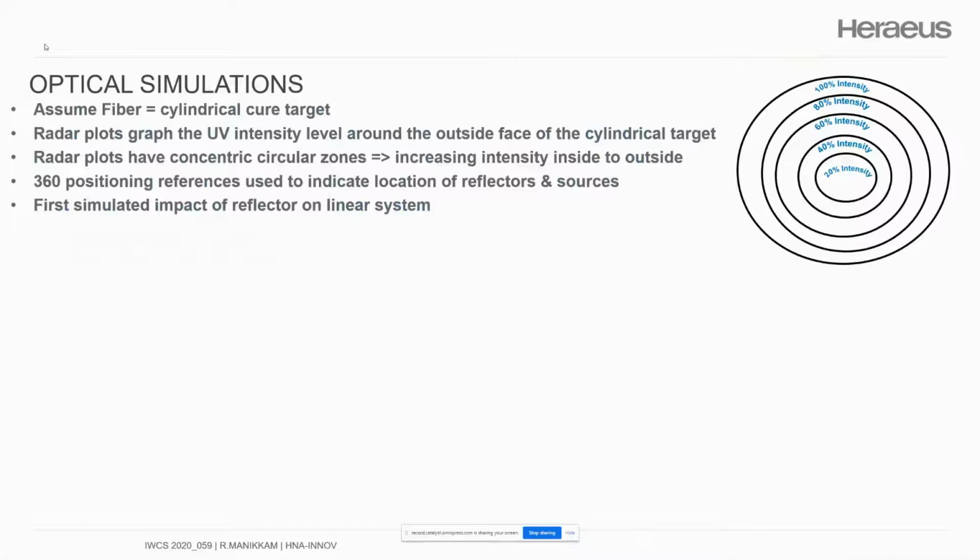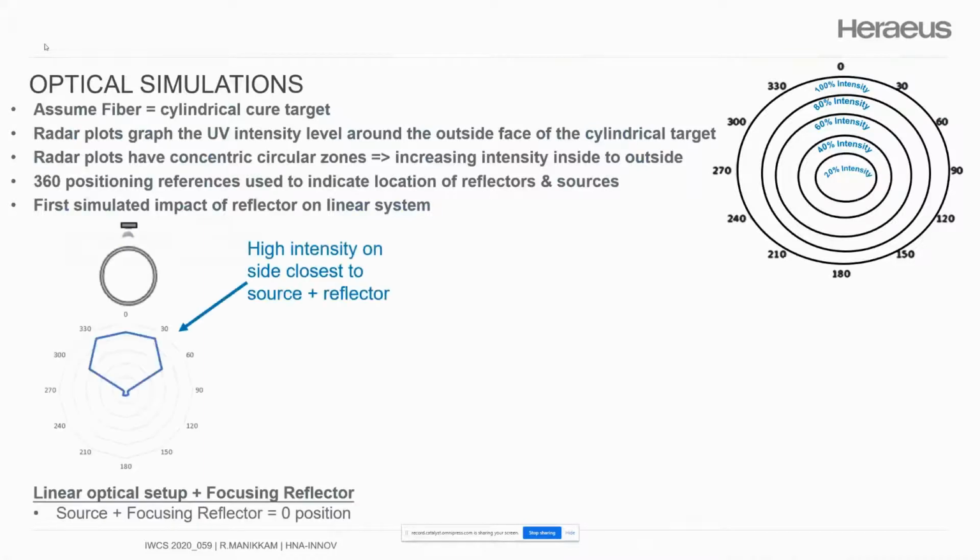And if you have data points that are plotted on the outer zones of the radar plot, it indicates higher levels of intensity. Another feature of these radar plots is that it has 360-degree positioning. So if we assume that our target is right there in the center of this bullseye, this enables us to reference where certain features of these different optical designs are located and how they're contributing to the level of intensity that is seen at the target.